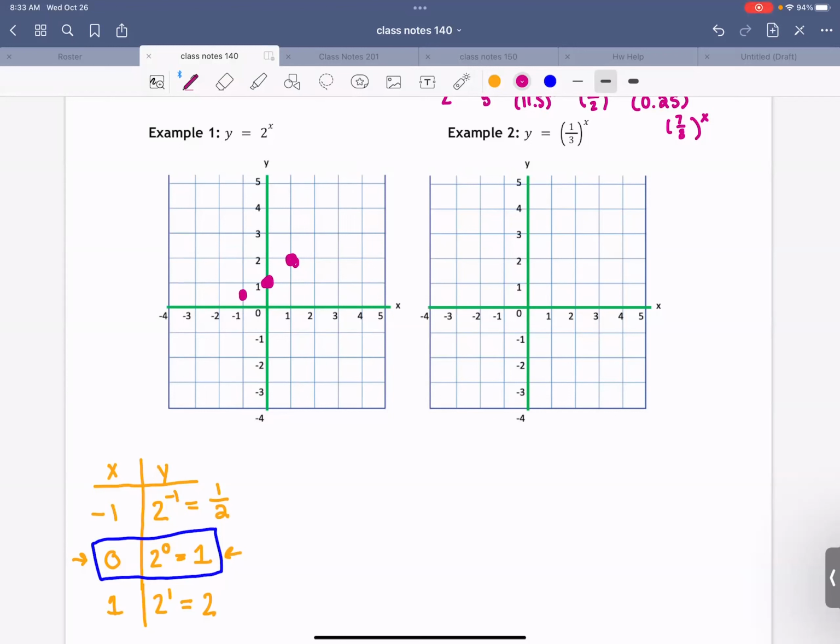So using the shape of my graph that I already know from the definition, my graph is going to look like this. It's going to go up. And as we get towards negative values, the graph is going to get closer and closer to the x-axis.